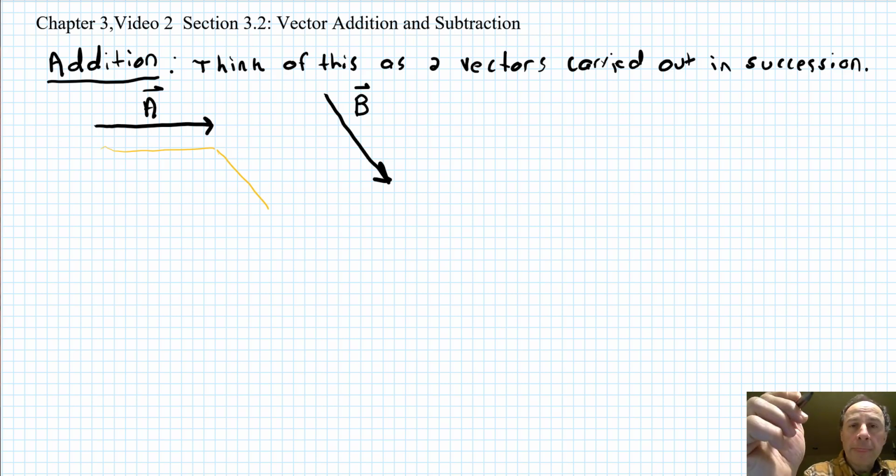So let me put a point 1 and a point 2, and then B would start at point 2 and go to point 3. So how would that look?